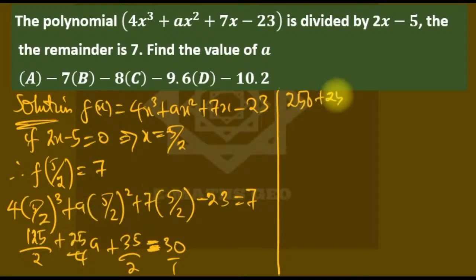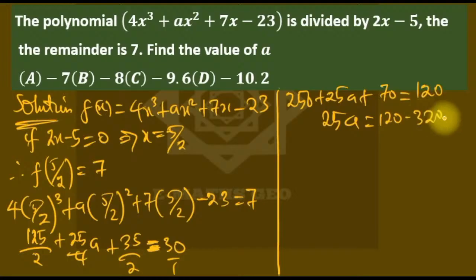We have 25a plus 4 times 35 over 2, which is 70, equals 4 times 30, which is 120. So we have 25a equals 120 minus 250 minus 70, that is 120 minus 320, so this is minus 200.